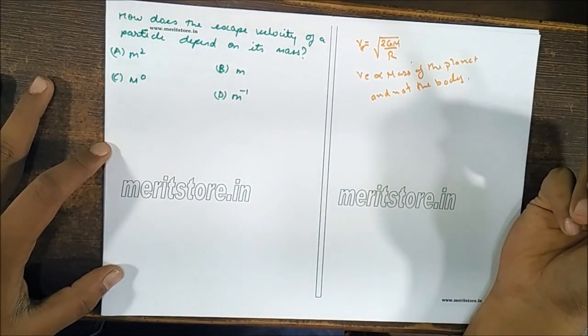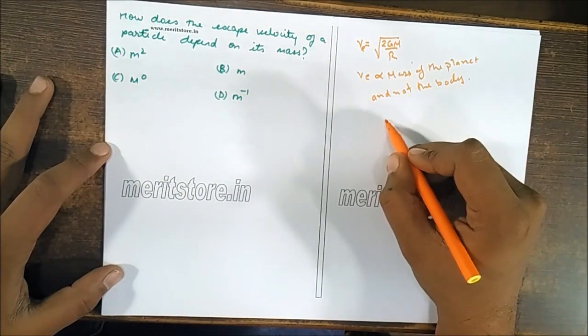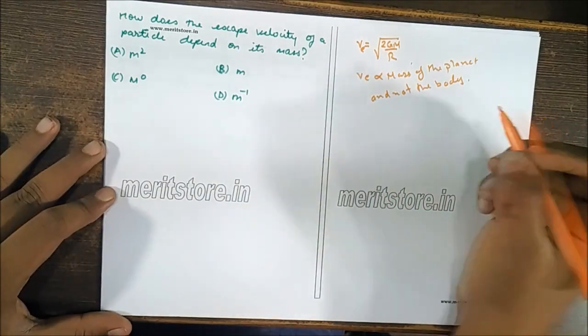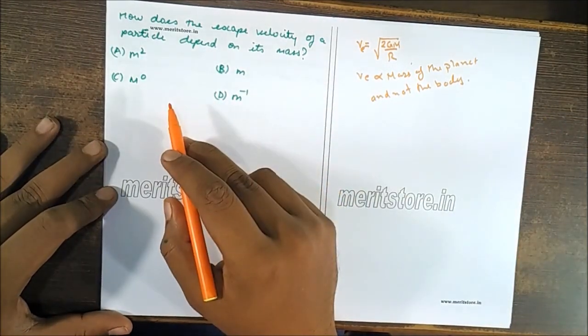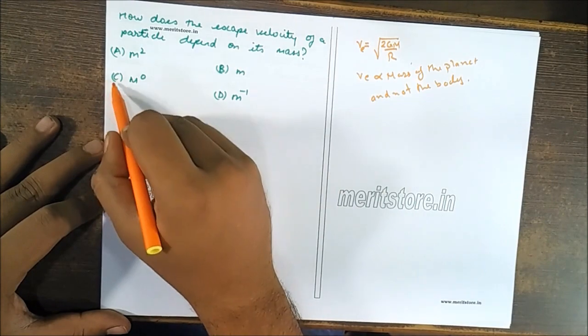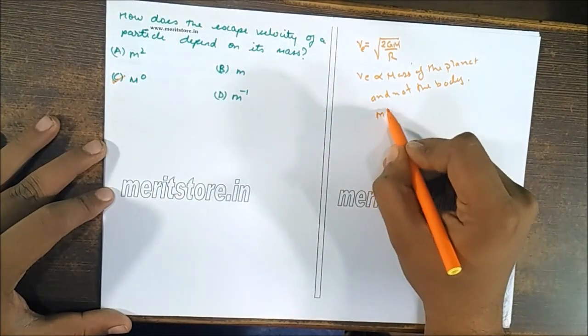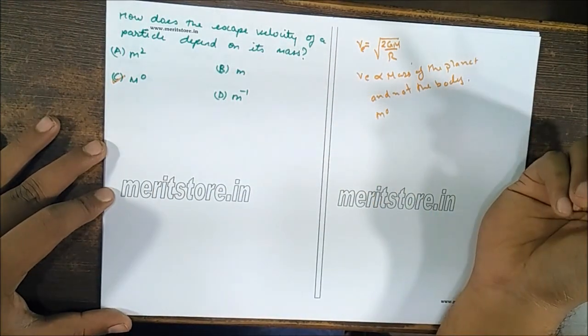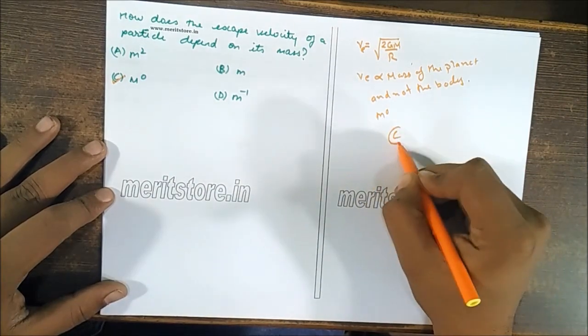So from the following options, m is absent. So m can be equal to 1 if I write m raised to 0 in the above formula. Option C.